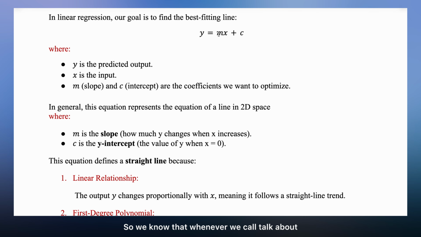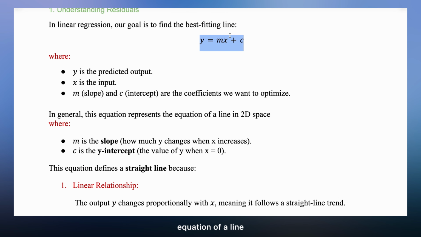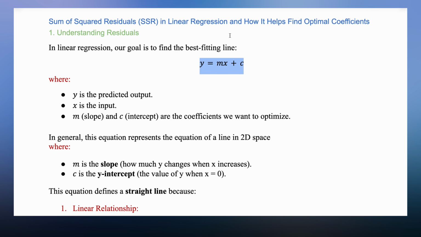So we know that whenever we talk about the equation of a line, we have studied it in simple algebra, not even in linear algebra. In simple algebra, we have studied that y is equal to mx plus c denotes the equation of a line, where m is the slope and c is the intercept. Okay, makes sense. Here what we are saying is x is the input, m is the parameter that gets multiplied with x, c is the parameter that acts as a bias, y is the predicted output, right?